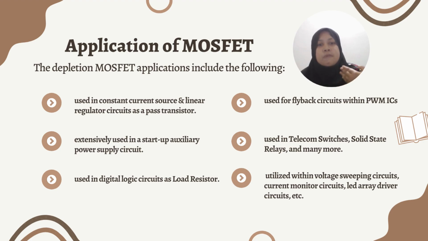Fourth, used for flyback circuits within PWM ICs. Fifth, used in telecom switches, solid state relays, and many more. And last but not least, utilized within voltage sweeping circuits, current monitor circuits, LED array driver circuits, etc.